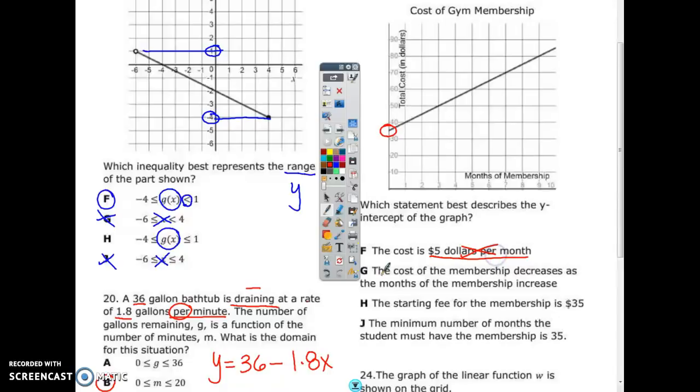No. The cost of the membership decreased? No. The starting fee, 35. Yes, because it's 35 right there. And then J, the minimum number of months the student must have the membership is 35. No, we're not talking about months. That was the money. So the answer is H.